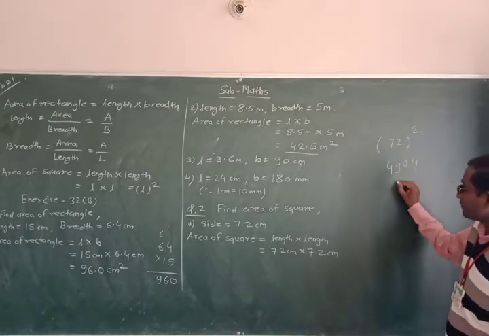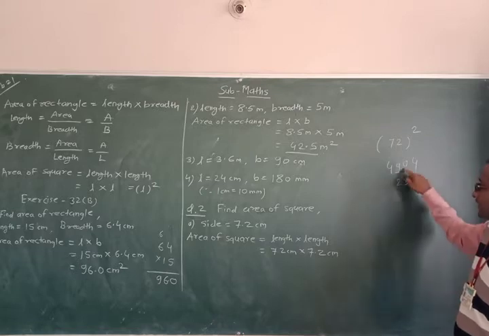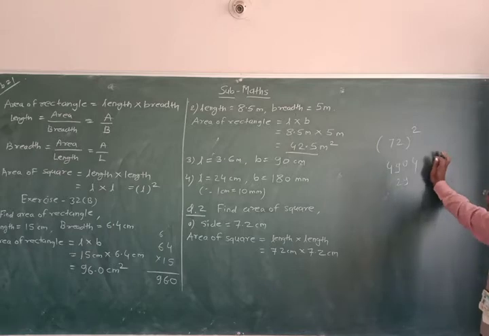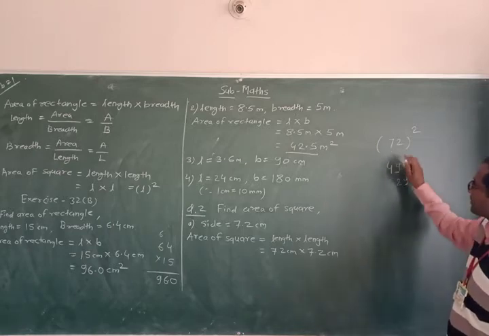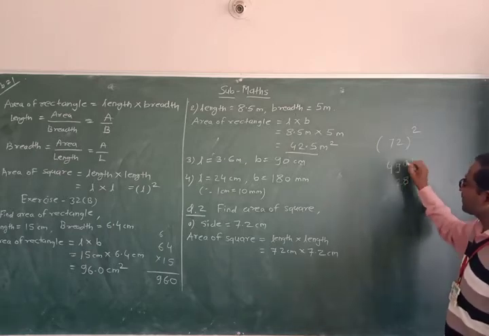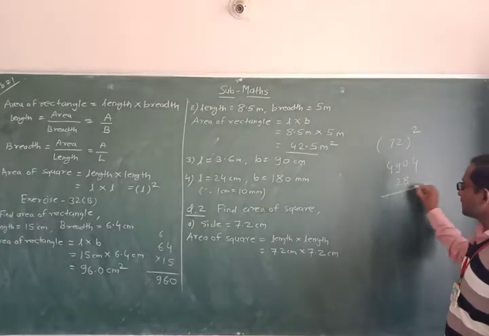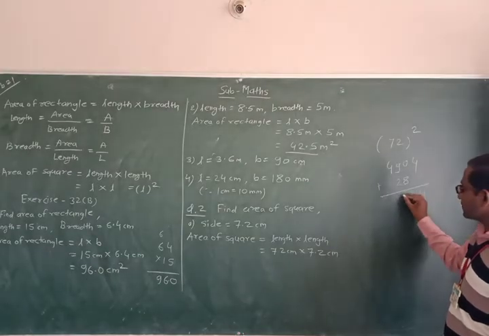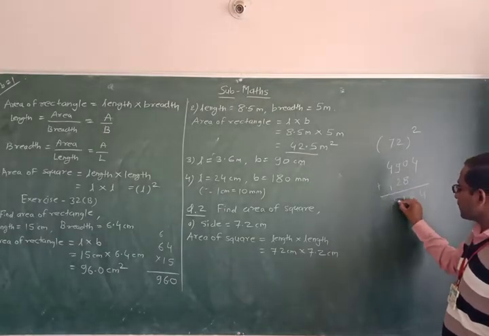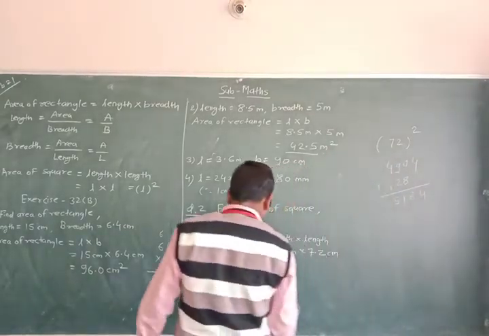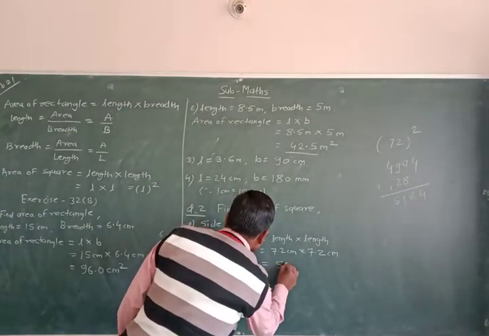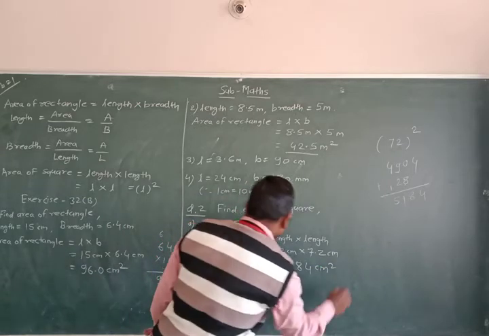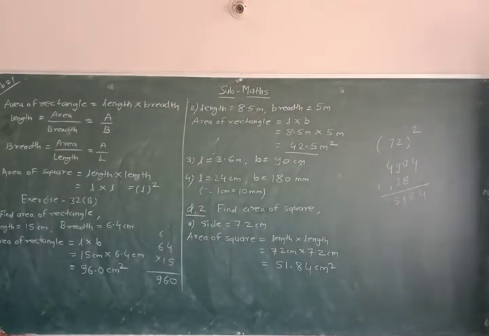Leave the last digit 4, and add 28: 0 plus 8 is 8, 9 plus 2 is 11, so 5184. So the answer is 51.84 centimeter square.